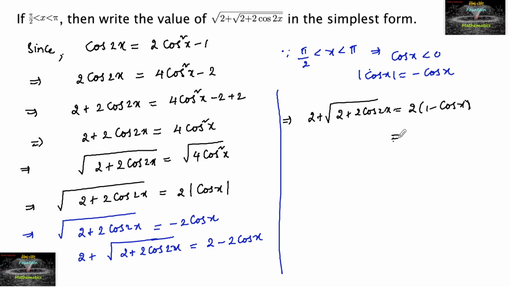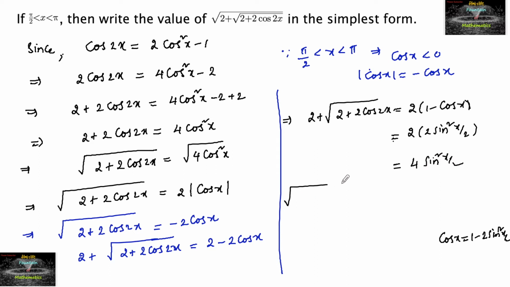So on the right side, since we know that cos x is equal to 1 minus 2 sin square x by 2, we can get 1 minus cos x is equal to 2 sin square x by 2.